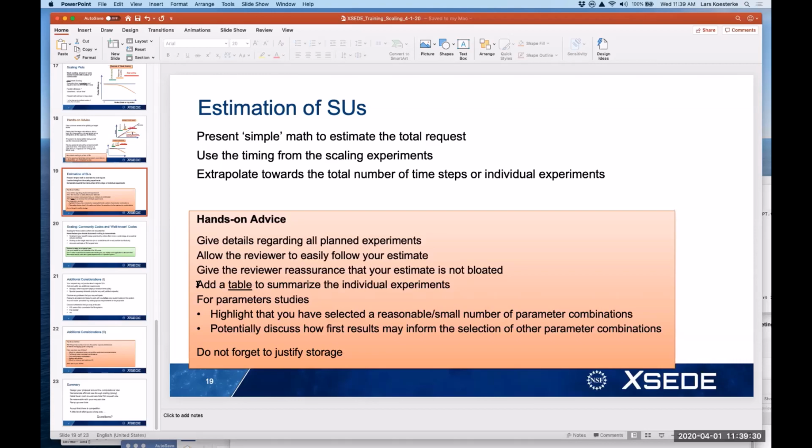And then it says experiment A will use that many SUs and experiment B will use that many SUs, and the experiments have different computations and the computations are done at a certain node count. And then I go back up in the proposal, and I read about experiment A and how it is justified, and I read about experiment B, how that is justified, and I read the scaling document, and so on and so on.